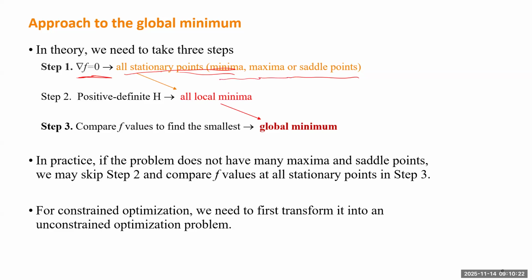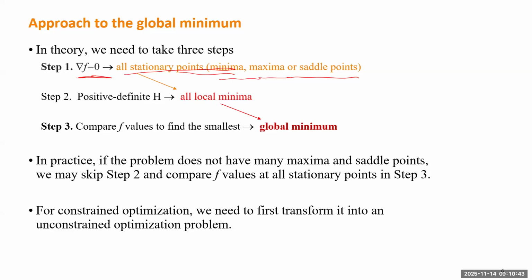Minimal points means where you have a locally minimal function value or cost value. Maximal point means you have the highest cost compared to neighboring points. And the saddle point means in one direction it is maximum, but in another direction it will be minimum.